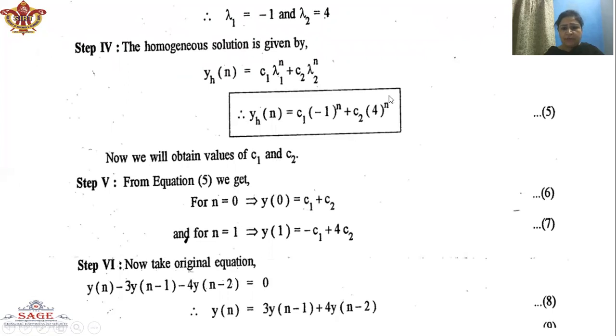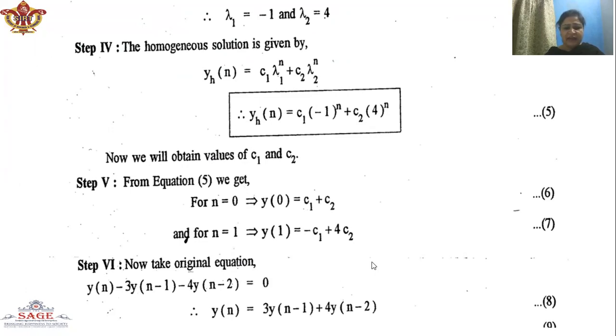Now, this is my equation 5. Here in this equation, we will take n is equal to 0. So y[0] is equal to c1 plus c2, and we will take the original equation. In that equation also we will put n is equal to 0. So y[0] minus 3y[-1] minus 4y[-2] is equal to 0.